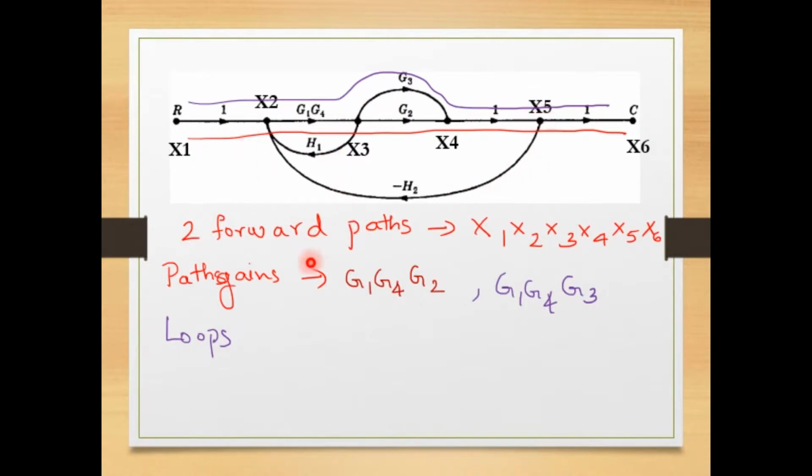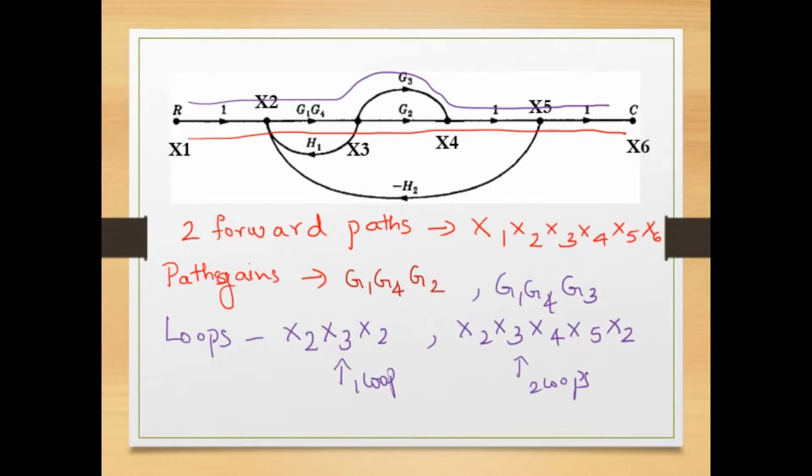So we have loops along x2, x3, x2 and one more loop along x2, x3, x4, x5, x2. So along this we have two loops, and for this we have one loop.